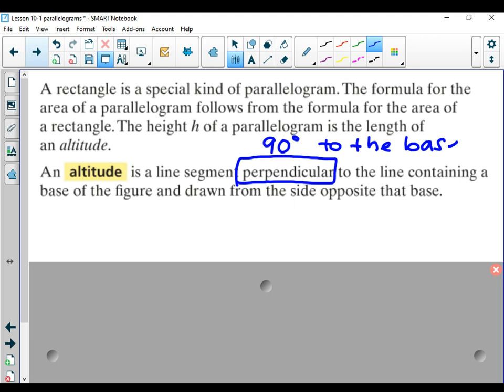I do think you should write this blue part that I just wrote. Altitude. 90 degrees to the base. Is your altitude box filling up?